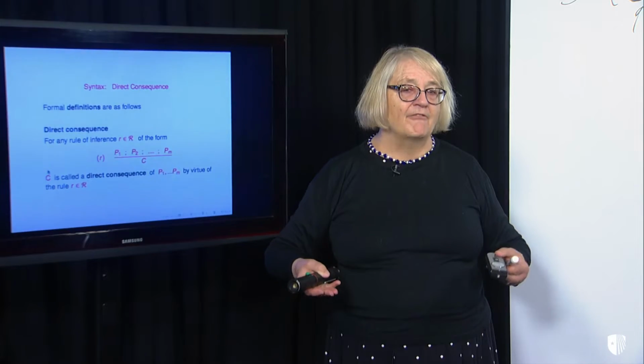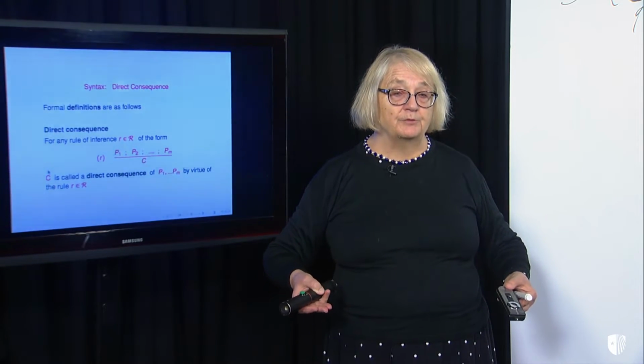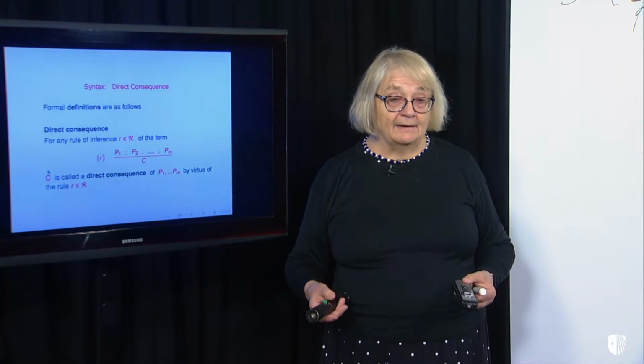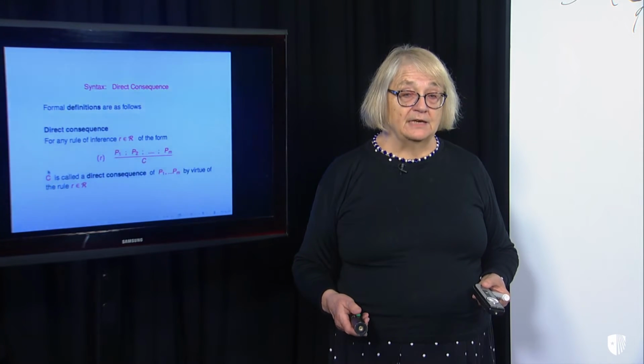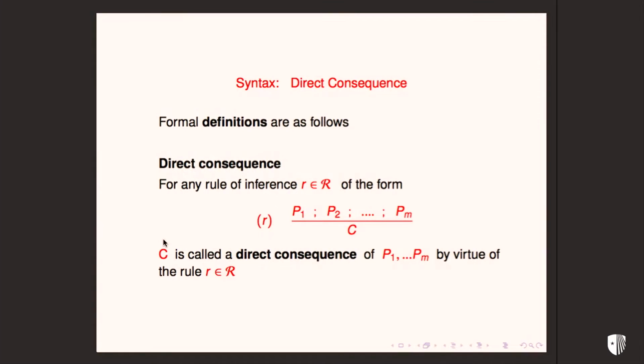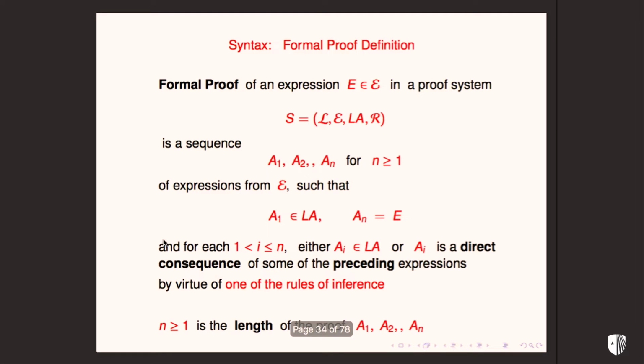That would be a formal definition of formal proof. So, for example, a direct consequence: if you have a rule, the conclusion is called the direct consequence of its premises by virtue of a rule of inference. And now we have a definition of formal proof.